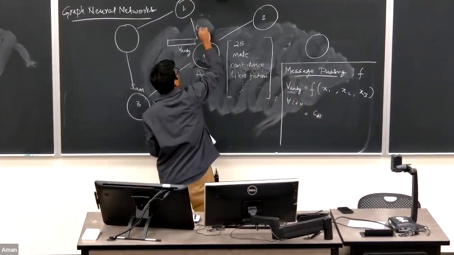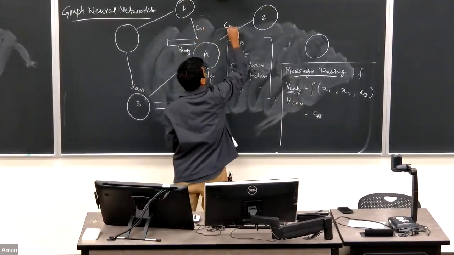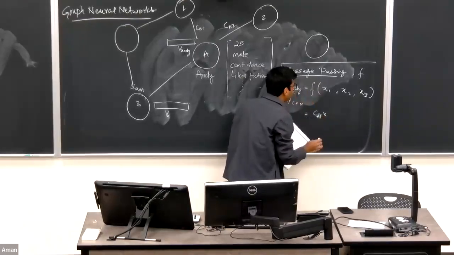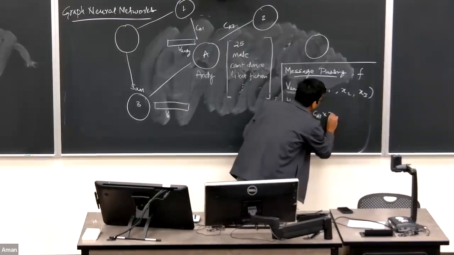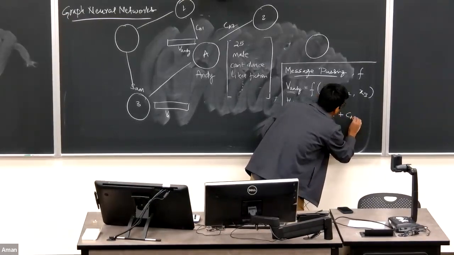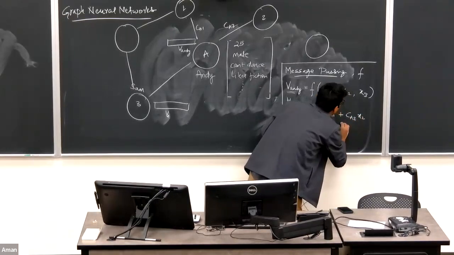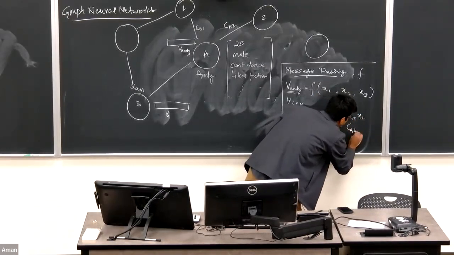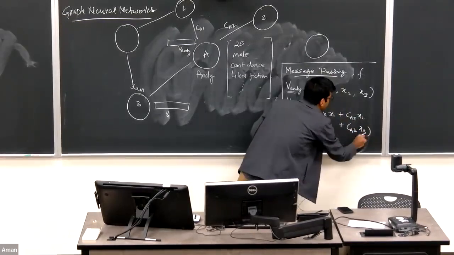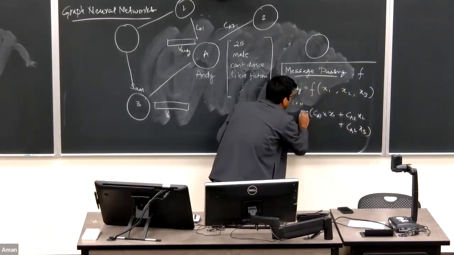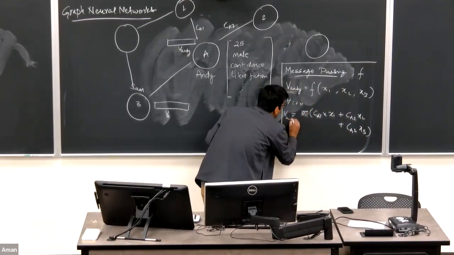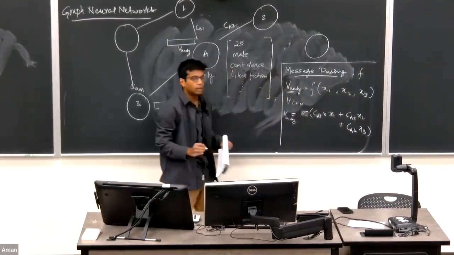So this is C A1, this is C A2, things like that. You multiply the weight of the edge with the value of x1. Similarly, do the same thing with x2 and with x3. And if you pass this through a nonlinearity, the sigma function, this is completely a valid way to write a graph neuron.